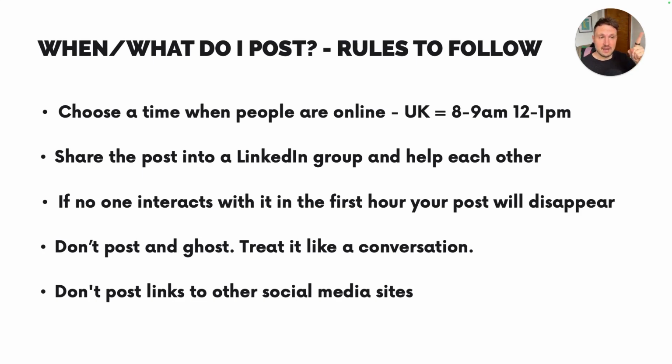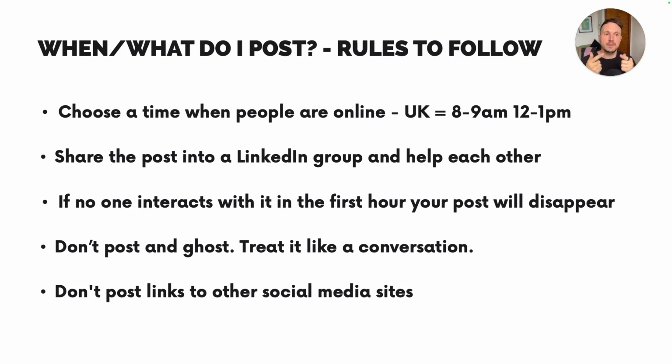In the first hour, and this is something that not a lot of people know, you've got an hour, and LinkedIn works like this. When you send a post, it sends it to the people who you've interacted with most, like a small group of people. If those people engage with it, then it sends it to a second group of people, and then that's how it goes.